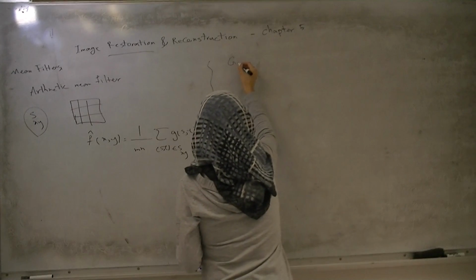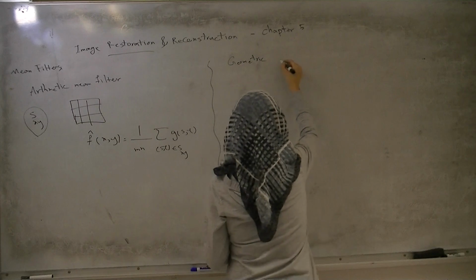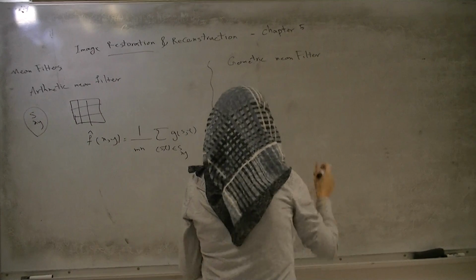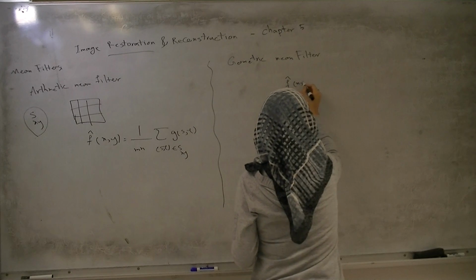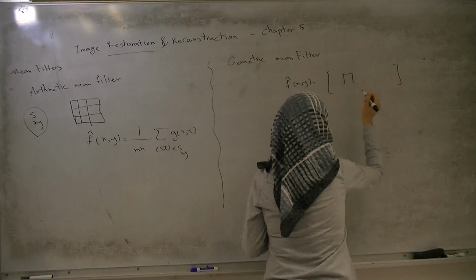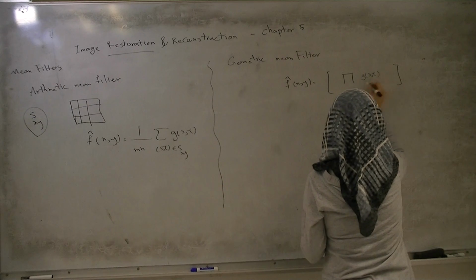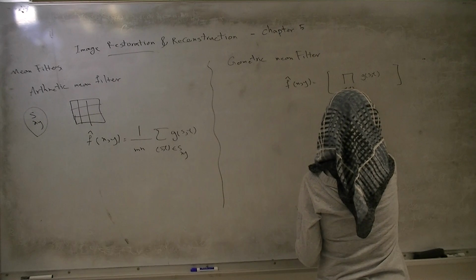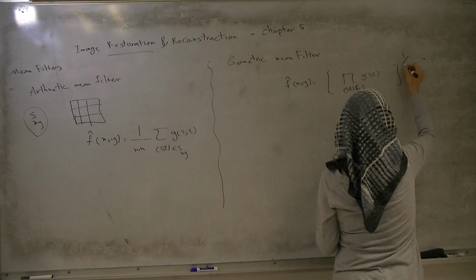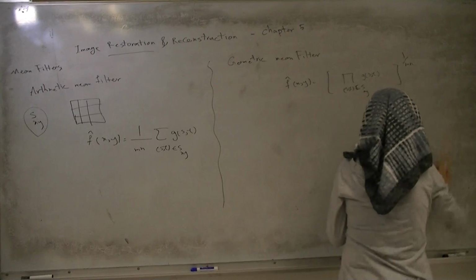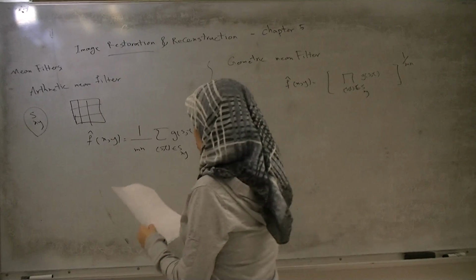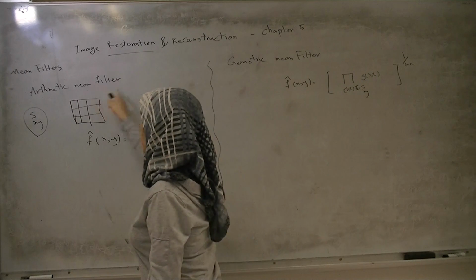The second one is the geometric mean filter, which we have as the product of the g(s,t) for all of the s and t in S_xy. The geometric mean filter can smooth more compared to the arithmetic mean filter.